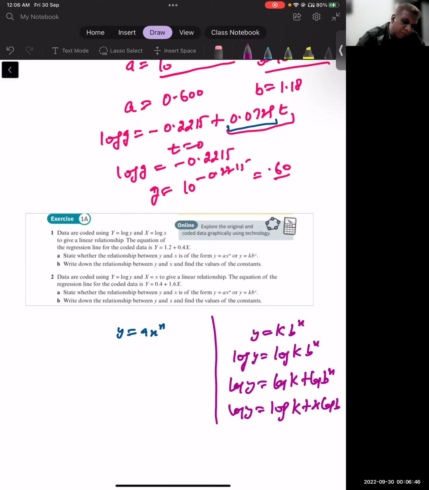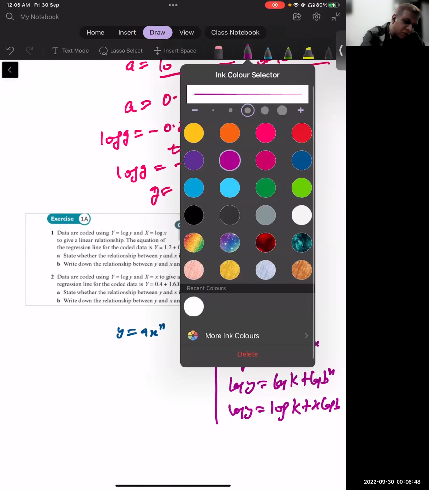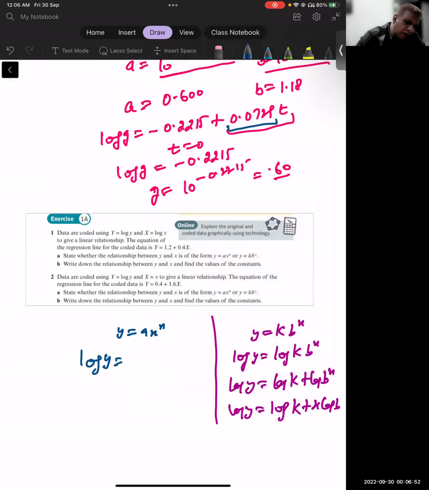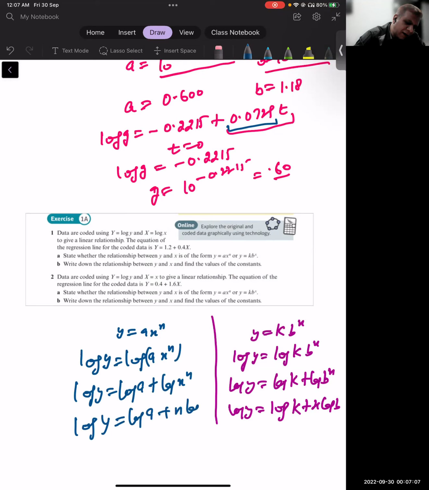Now, if I take log in this equation, then what will it be? Log y is equal to log a x to the power n. Log y is equal to log a plus log x to the power n. Log y is equal to log a plus n log x.